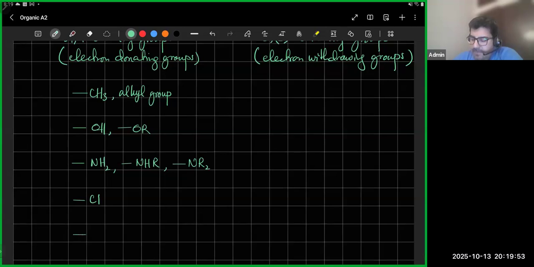You've got amides, which is NHCO, that is NH, C double bond O, and then R. So that's how it's written. I'm going to write down their names as well. So you've got hydroxy groups, and you've got amino groups attached to it.